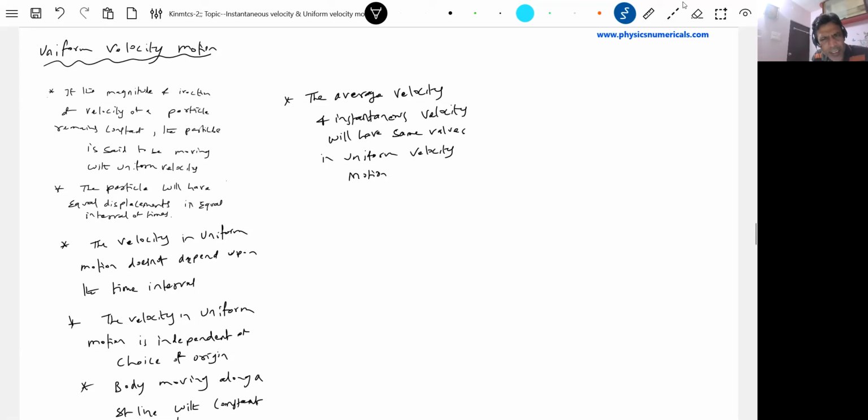If a body moves with 10 meters per second, and it's a constant, then you calculate average velocity for any interval. It will become equal to instant velocity only.